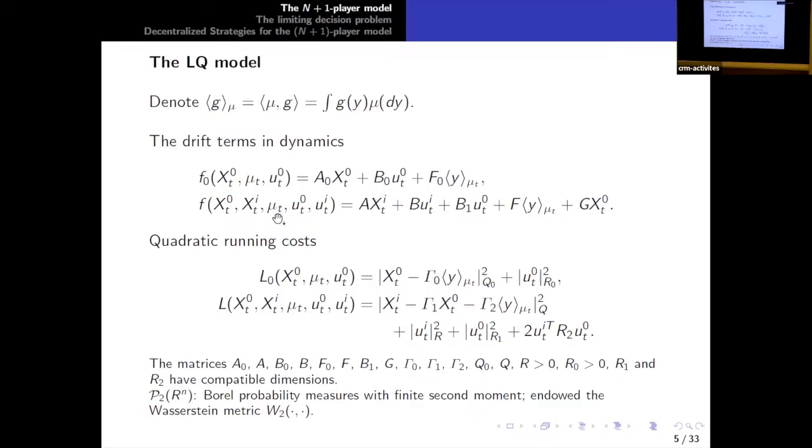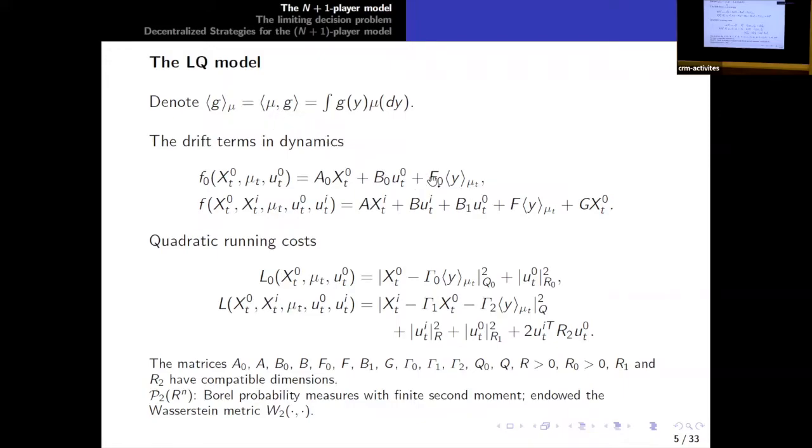So for the dynamics, here we introduce this compact notation. Given this measure here, this is used to describe the mean field generated by the minor players, the followers. So this is the mean field.